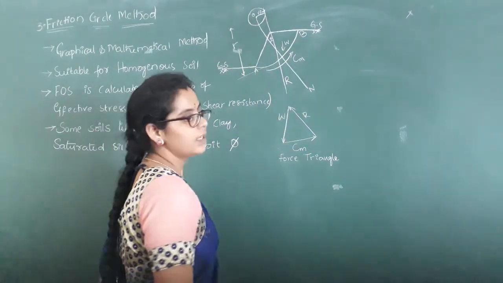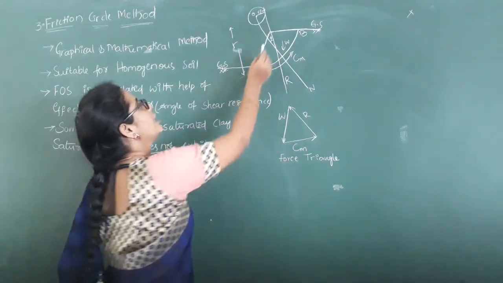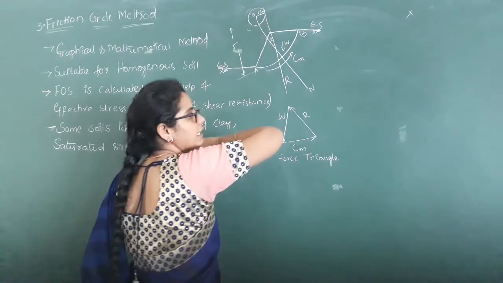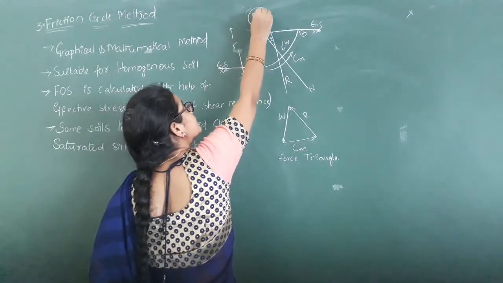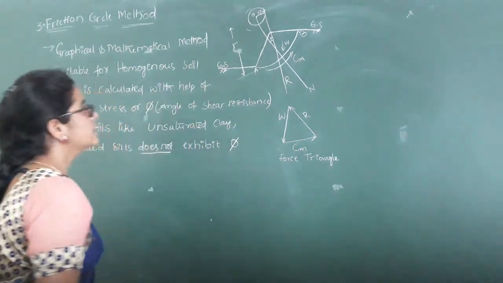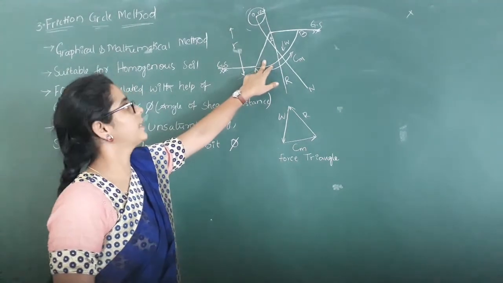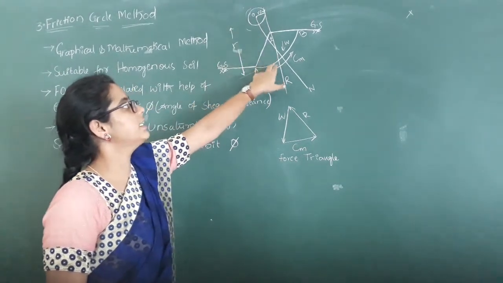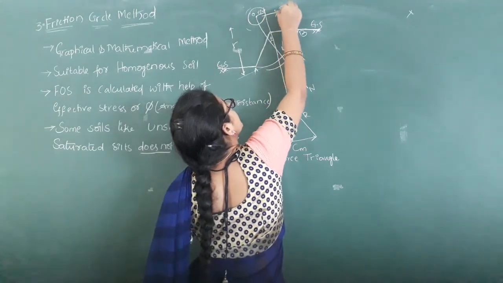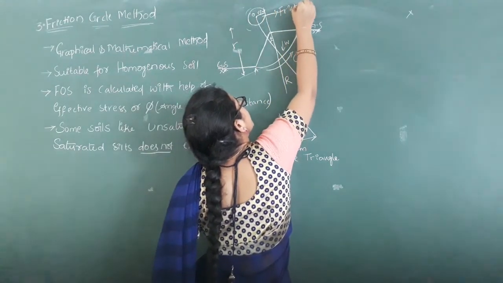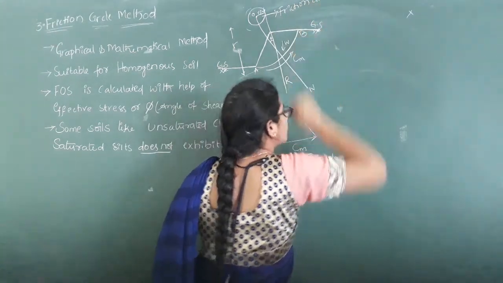We are assuming that, and we are drawing the friction circle, which has center O and radius R sin phi. So it is concentric with the circular arc. This is the friction circle.